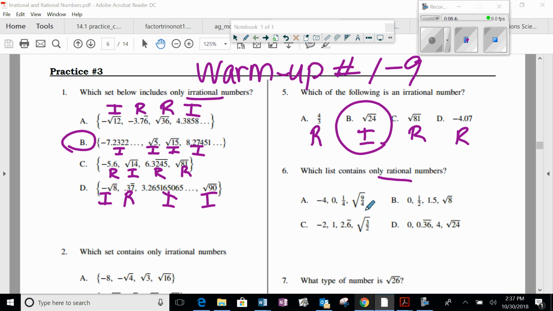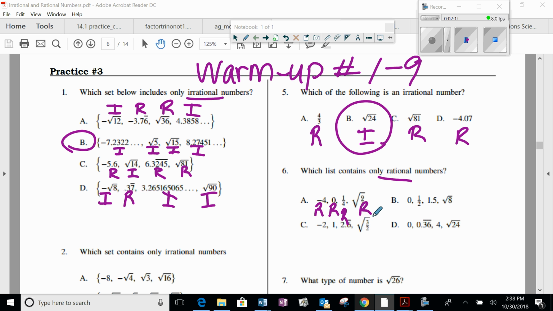Negative 4 is rational. 0 is rational. 1/4 is a fraction, so it is rational. And the square root of 9/4, 9 is a perfect square, and 4 is a perfect square, so it is rational. So that is our answer choice.